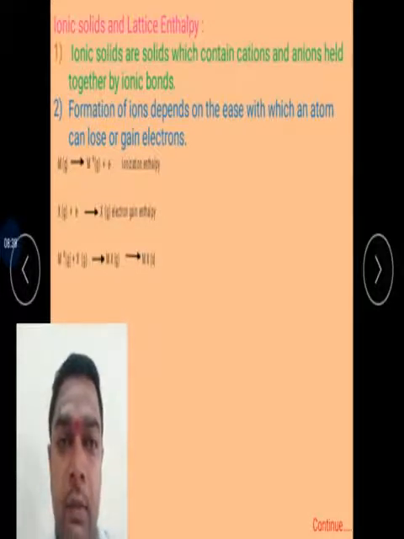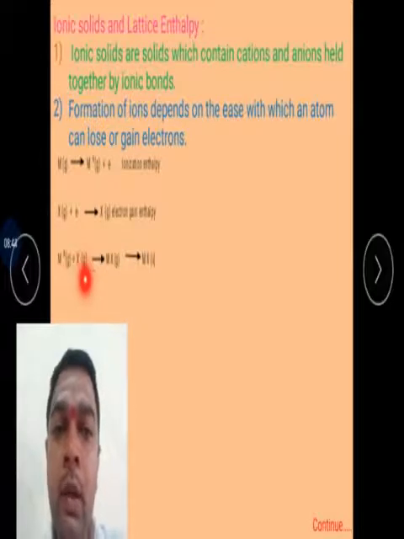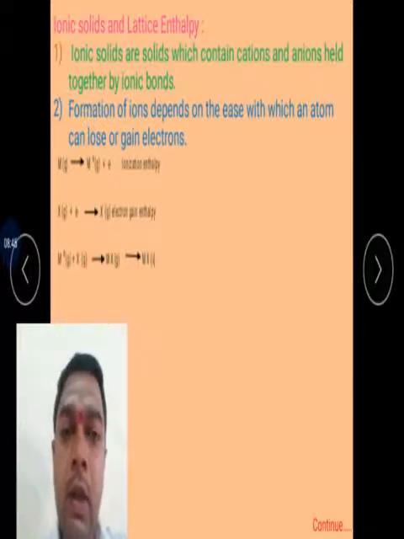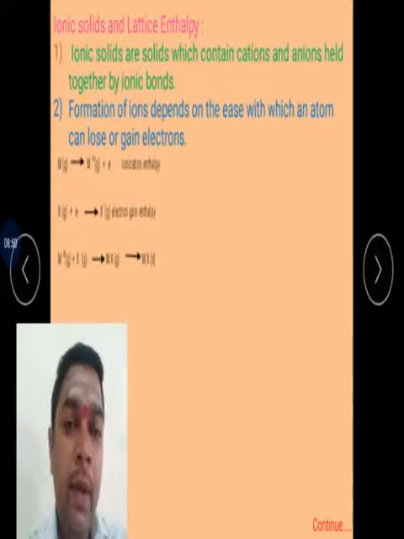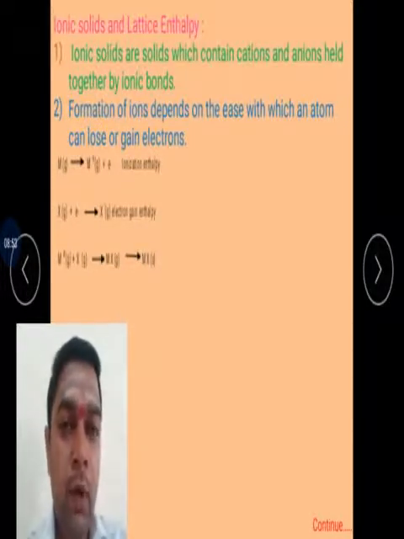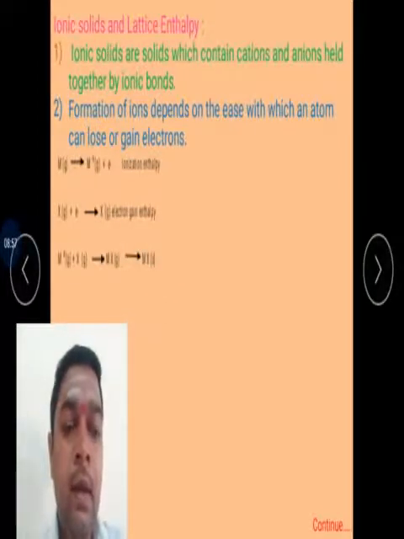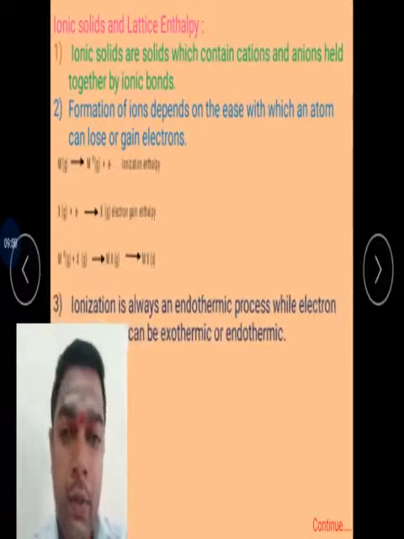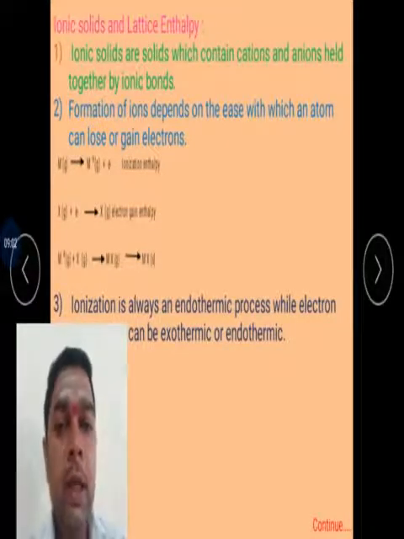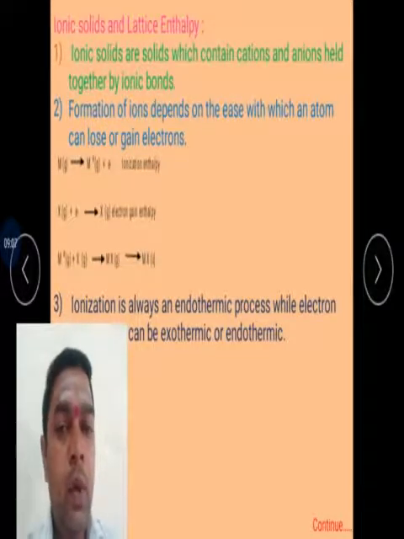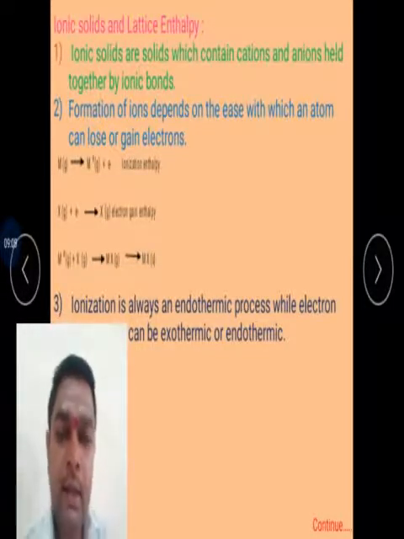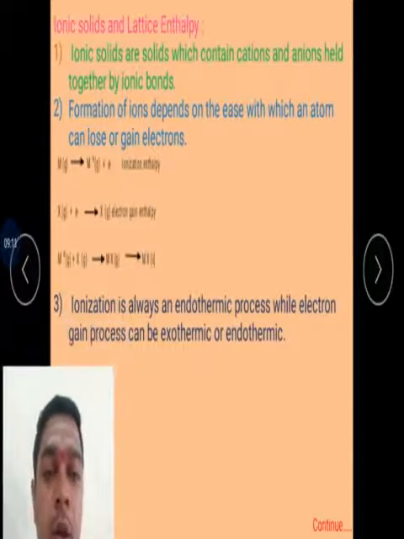At this time, M plus in the gaseous state combines with X minus in the gaseous state, which gives MX as a gaseous ionic compound. When it releases its energy, it forms a solid ionic compound, MX solid. Ionization enthalpy is the amount of energy required to remove the outermost electron to form gaseous cations.